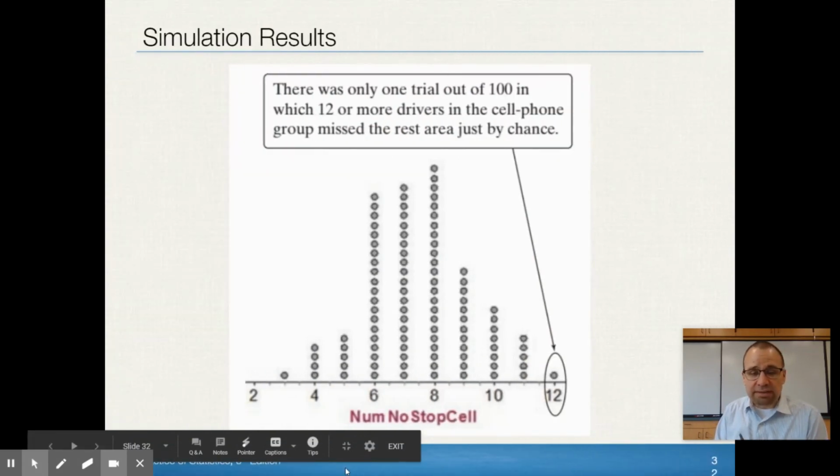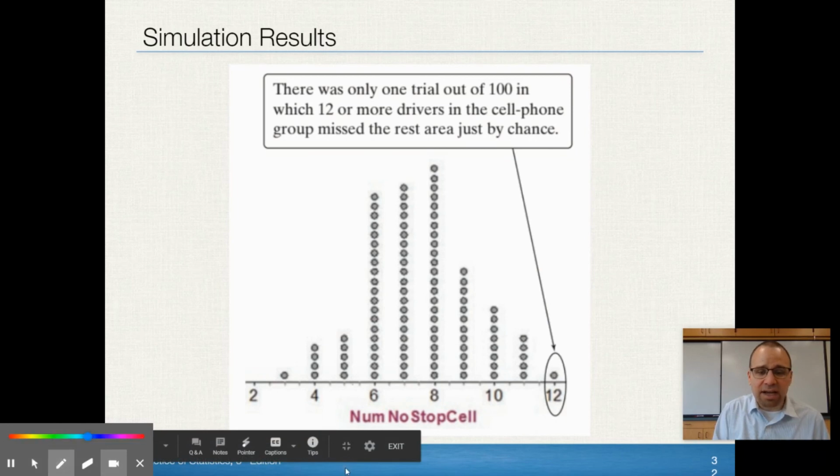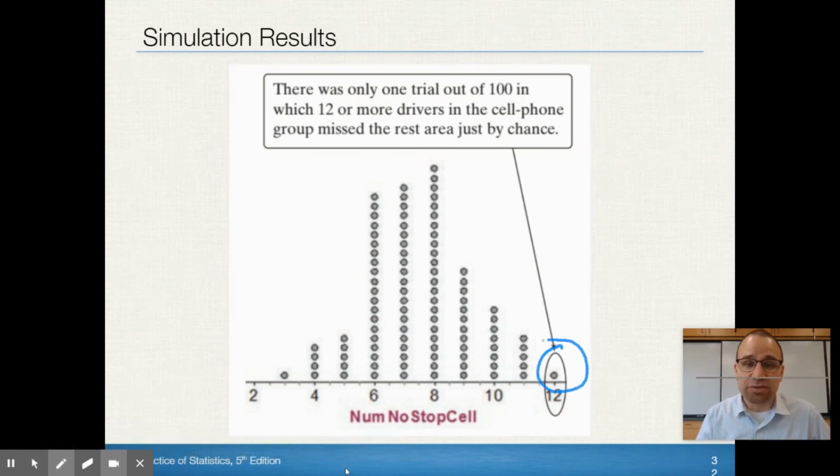The results would look like this. Notice out of 100 times, 12 only came up once due to random chance. That's extremely unlikely. In fact, that's a 1% probability that this would have happened due to random chance. This is what we call statistically significant.